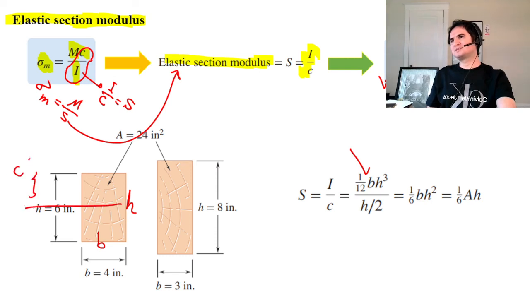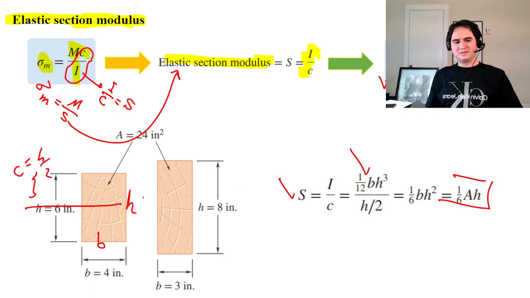So the section modulus is 1/6 of B H squared, that is 1/6 of the area times H.